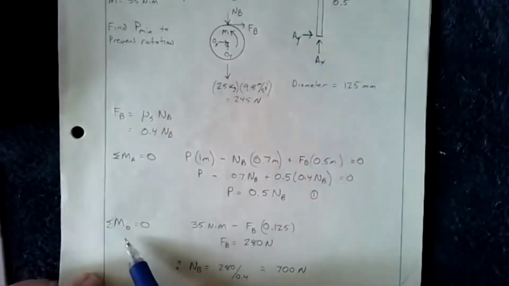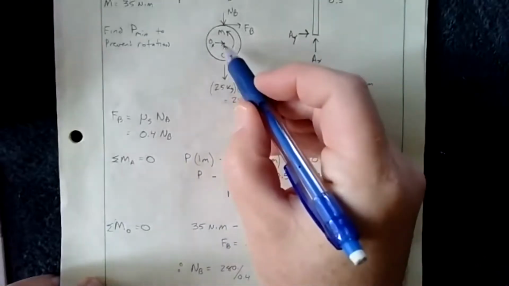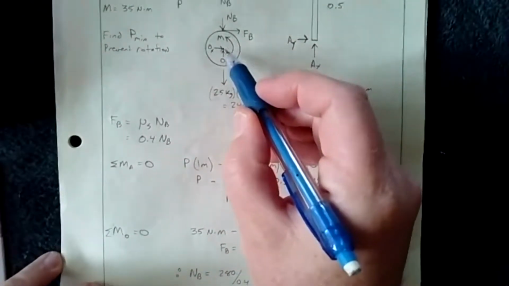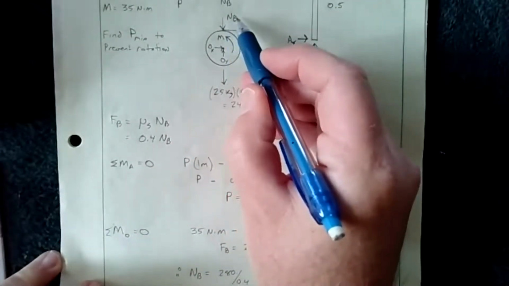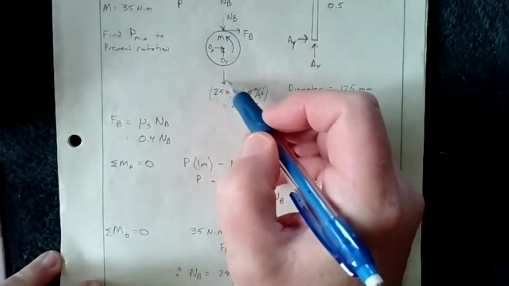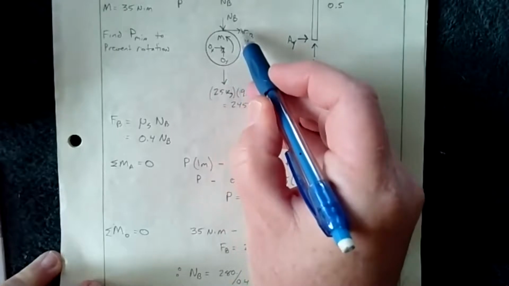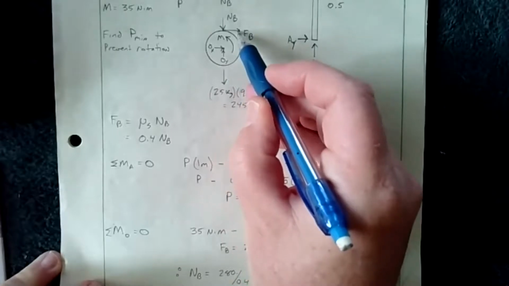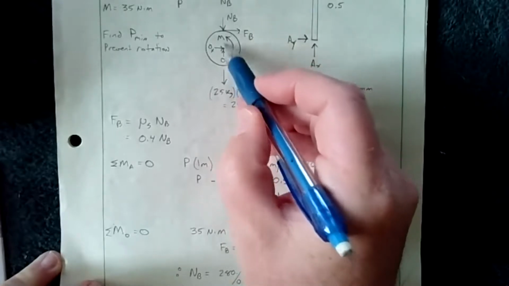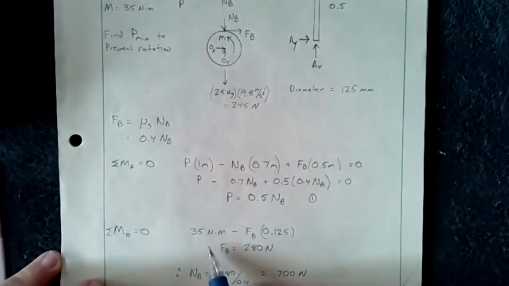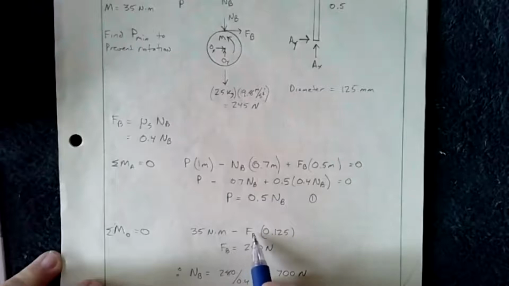So sum the moments about O. O is the center point. It's also convenient because it gets rid of the normal force at B and it gets rid of the weight, and all we're left with is that torque, which is opposed by the friction force times the radius. And so we have 35 newton meters minus the clockwise-facing friction times the radius.